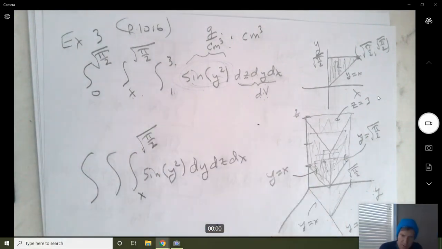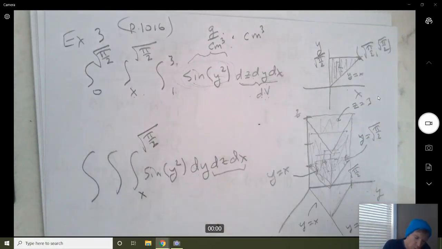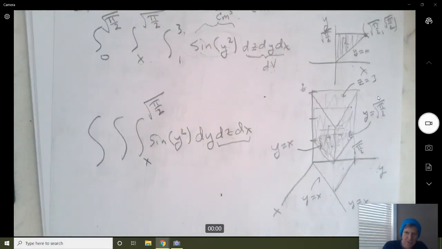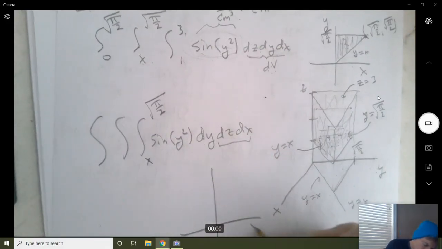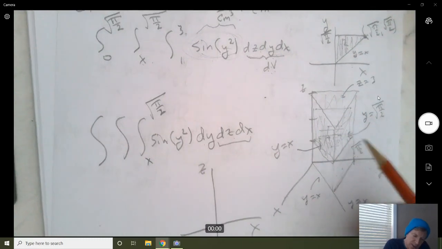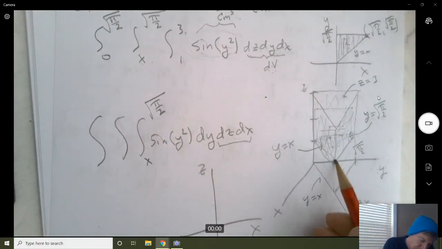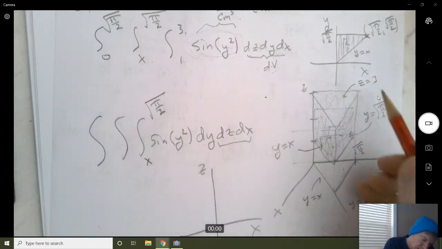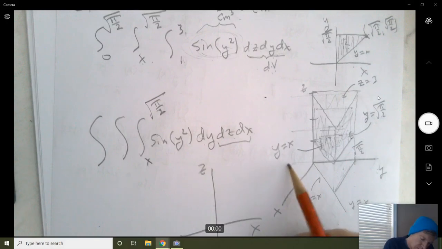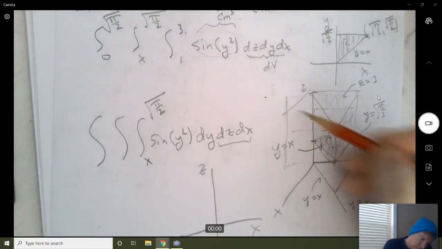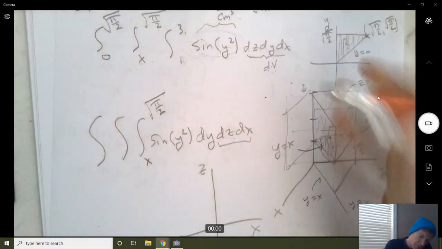Now here's where it gets tricky. How do we do the dz dx? Well, now we've got to project this thing onto the xz plane. Let's look at what that looks like. On the xz plane, if we project this thing, and you've got to be able to visualize this, it would project over here onto this plane and you would end up with a rectangle.